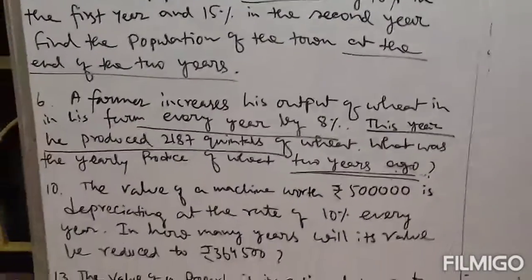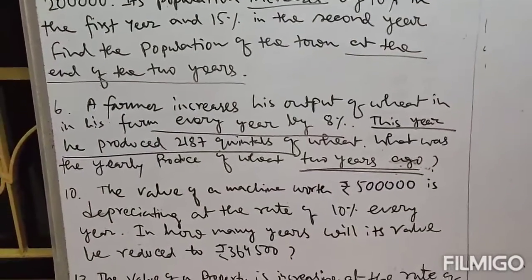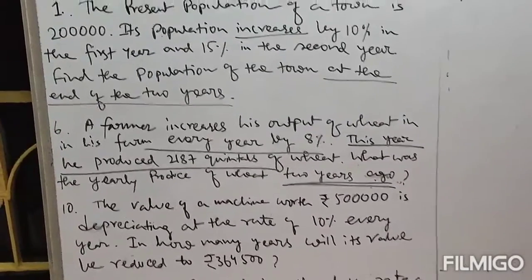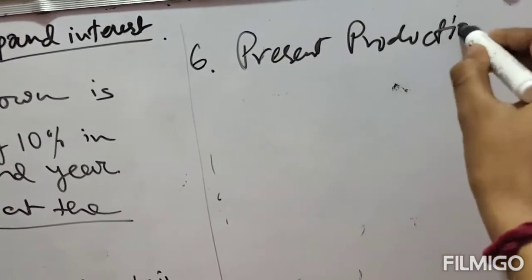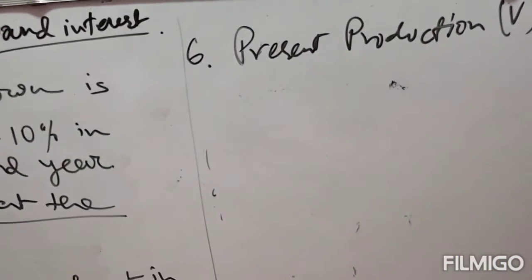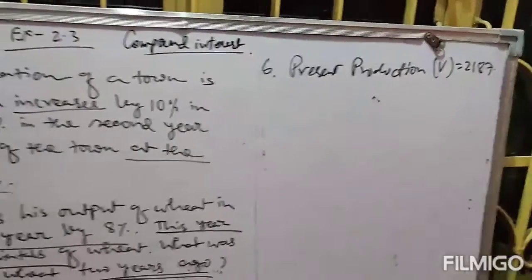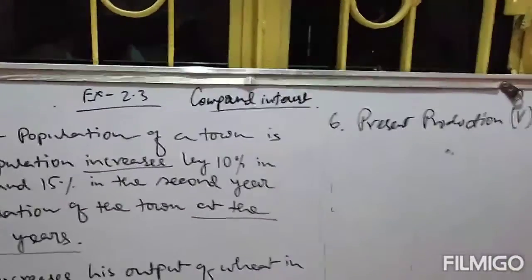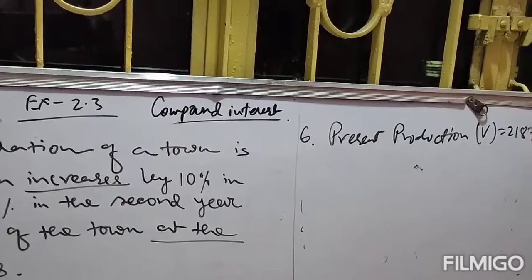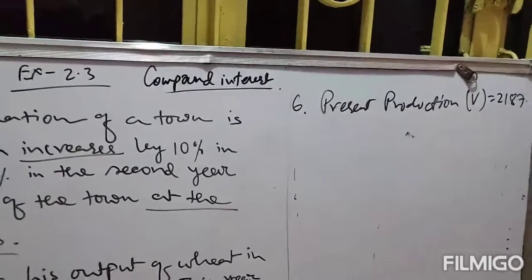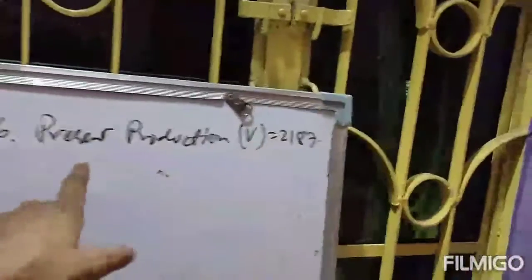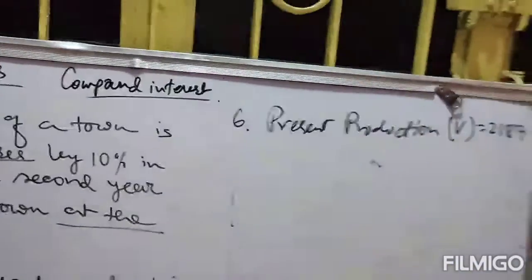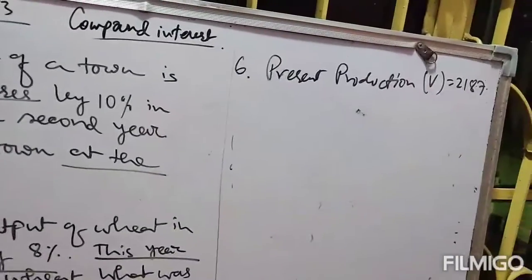Clear? So the present production is given as 2187 quintals of wheat. We will write present production, that is V, given as 2187. Present production will be represented as V. Just remember, in question number 1, I represented present population with V0, and here I represent present production as V, because this is the case of before 2 years, and that was the case of after 2 years.